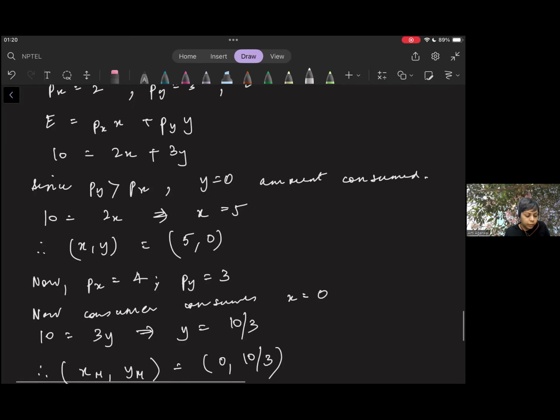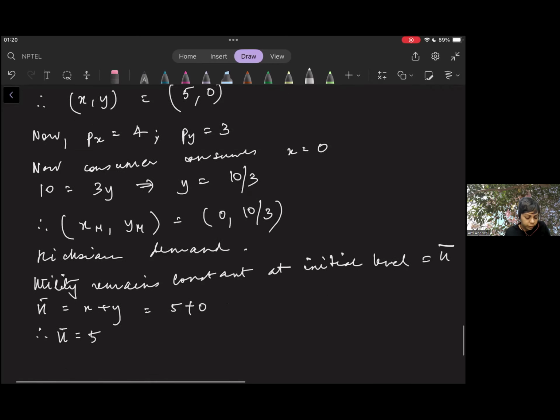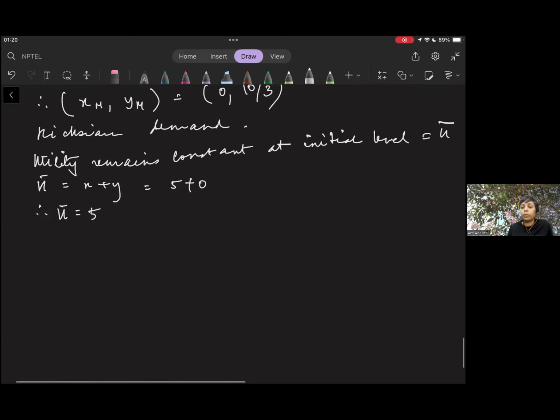We plug these values into the utility function, u equal to x plus y, and that is how we got the initial utility level u bar equal to 5.